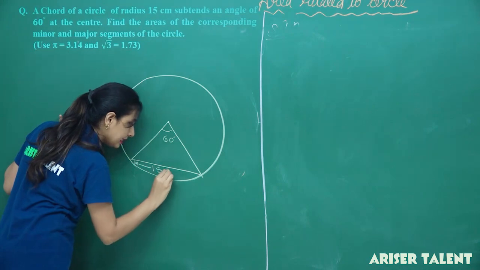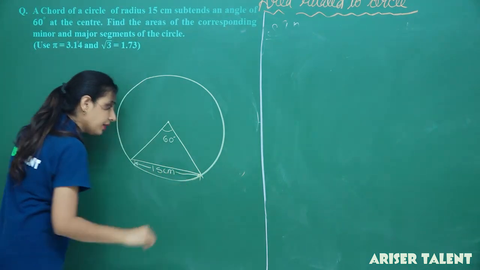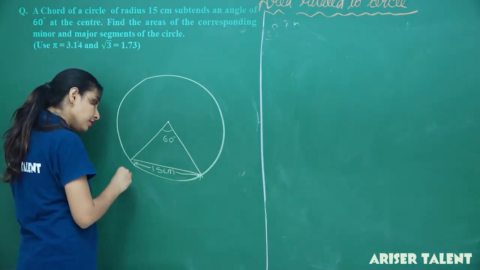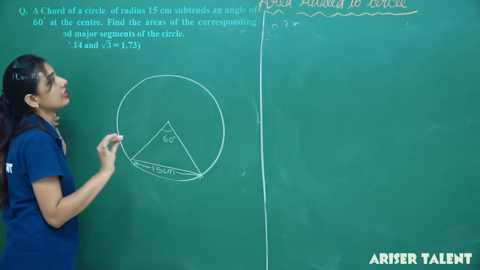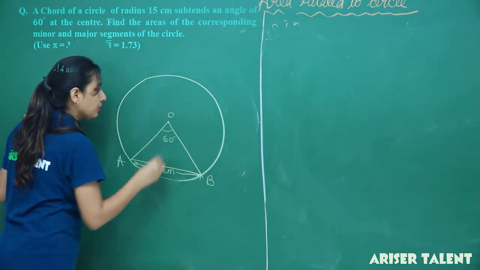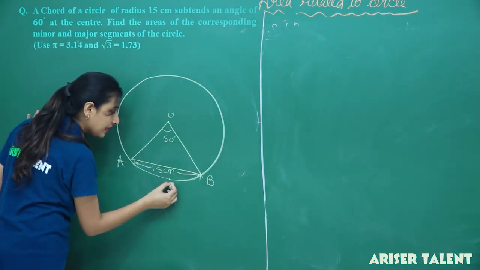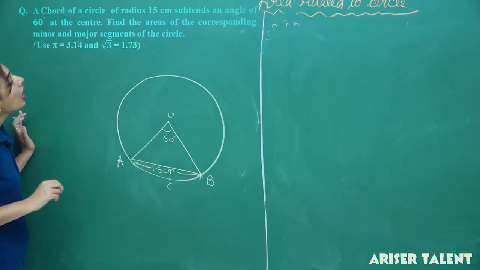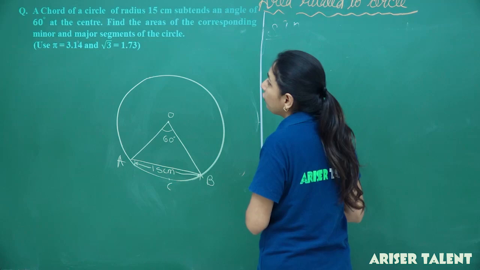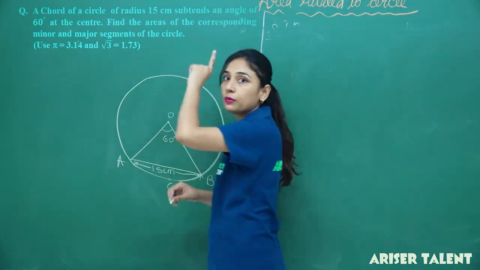This is 15 centimeter given, right, students? Now this is 15 centimeter and this is 60 degree. This is given. Okay, so take points A and B here and take a point O here, and for our convenience we will have a point C there. Alright, now we have to find the major and minor segments of the circle. We have to use pi equals 3.14 here.